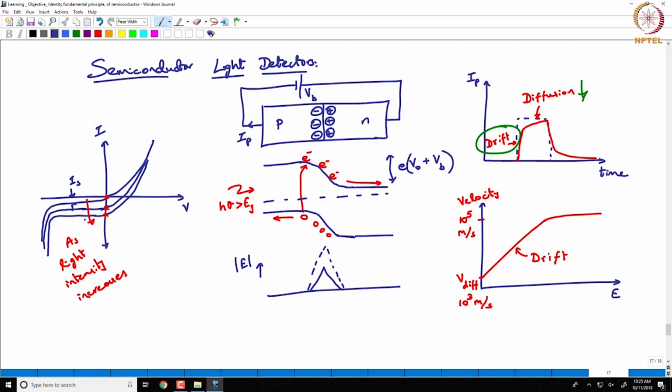They are not actually seeing the external circuit, so they don't contribute to that photocurrent, right. So, there will be a slightly lower current generated at zero bias compared to some higher value of the bias voltage.